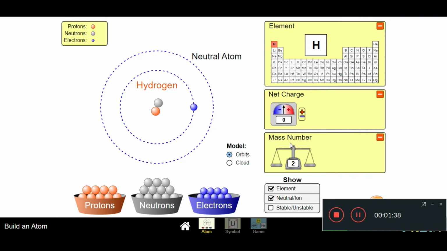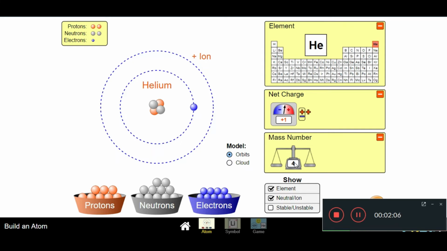What is the mass number actually? Let's see here. When I add more neutrons, the mass number increases, now it is 3. And then I add one more proton, so here you see the mass number now is 4. So mass number basically is the number of nucleons.